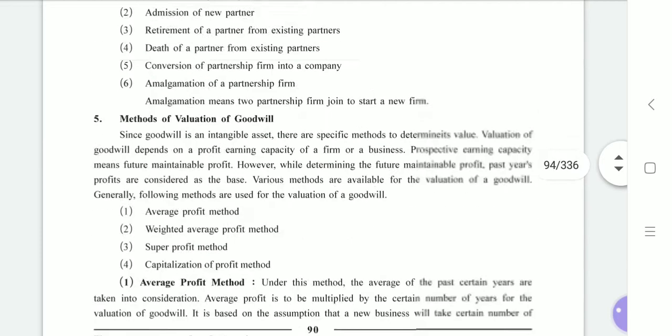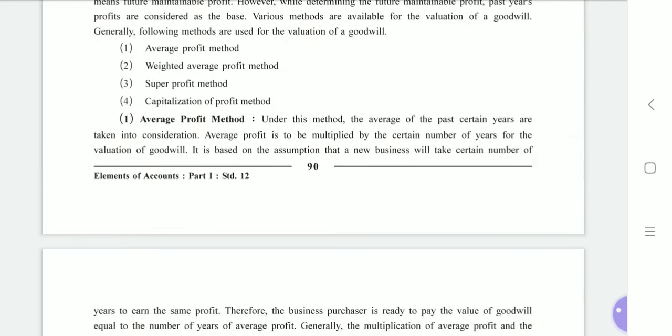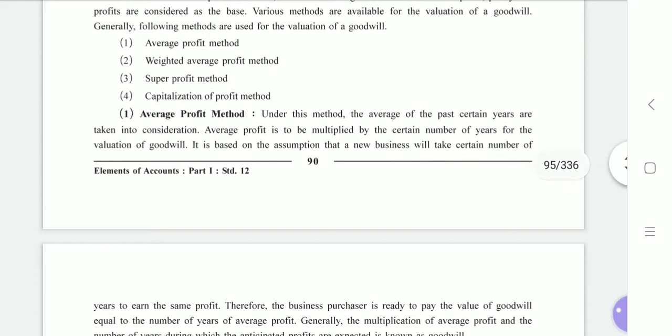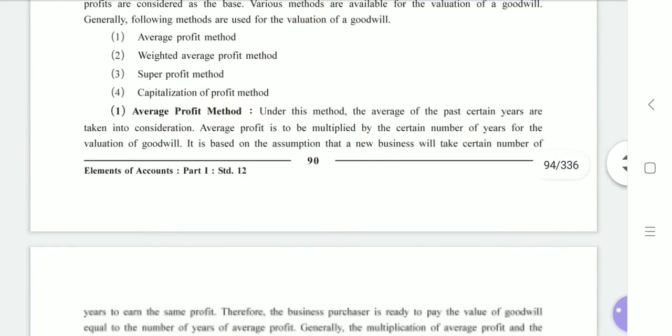The different methods for calculation of goodwill, or say valuation of goodwill, are average profit method, weighted average profit method, super profit method, and capitalization of profit method. There is also a 5th method which has not been listed here, which is a mixture of 3rd and 4th method.